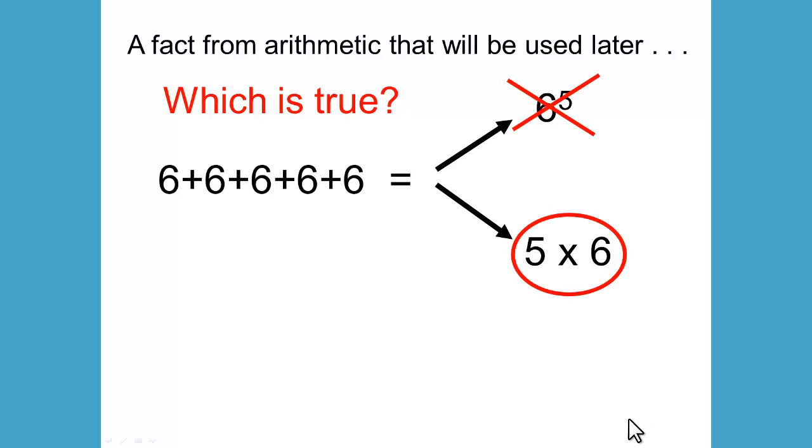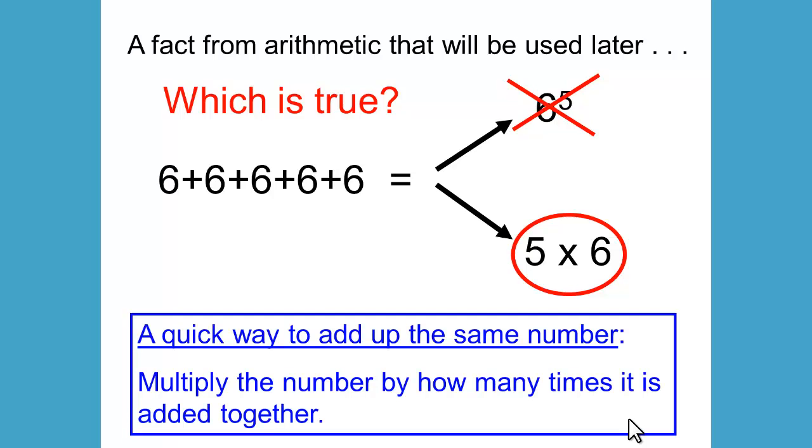So that is not equivalent, and 6 added 5 times is the same as saying 5 times 6. Remember, a quick way to add up the same number is to multiply the number by how many times it's added together. 1, 2, 3, 4, 5 times 6.